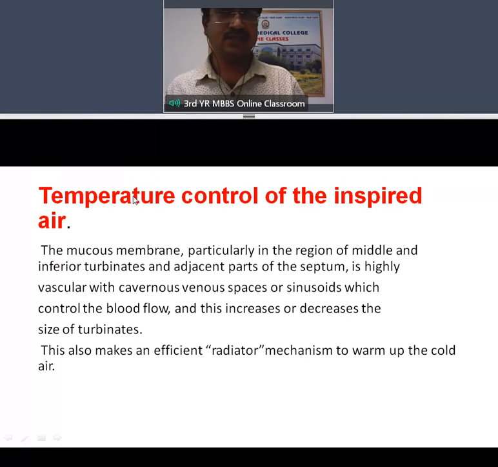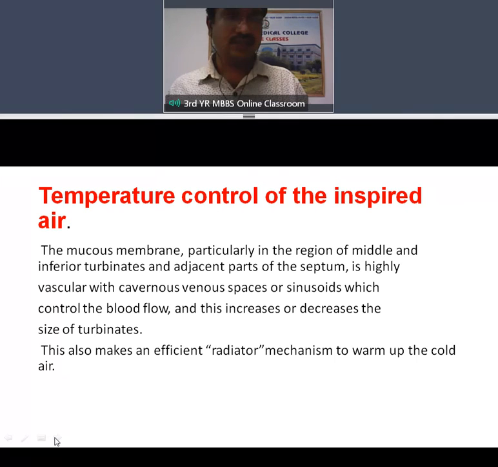Mainly the temperature control of the inspired air is carried out by the mucosa over the inferior and middle turbinates. There is a large surface area, which makes an efficient radiator mechanism to warm up the cold air.